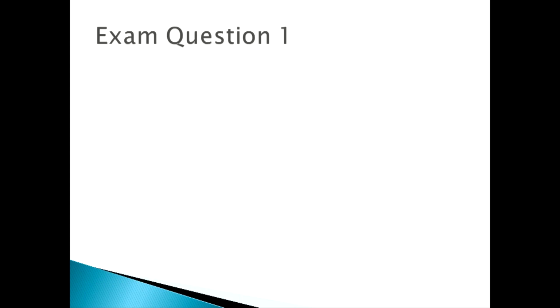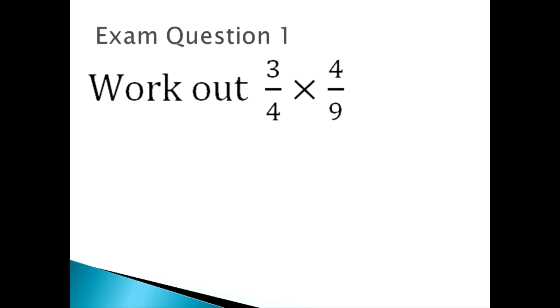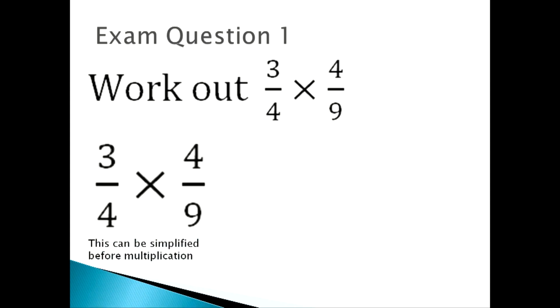Now we're going to look at the first exam question. Work out 3 over 4 times by 4 over 9. Looking at this question, you can simplify it down before it's multiplied. 4 and 4 go into each other, so they can be cancelled down to get 1, and 3 and 9 can be cancelled down because 3 goes into 9 3 times.